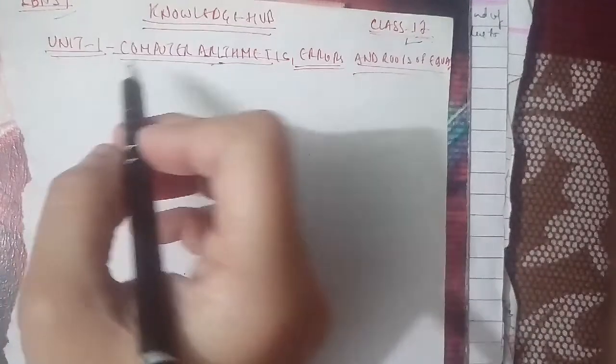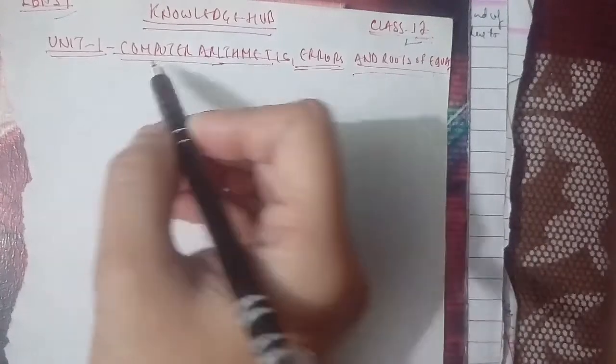Today we're going to start with your CBNST class, the 17th class of the session. In the last 16 classes we covered CBNST, which is computer based numerical and statistical techniques, dealing with unit 1 only, computer arithmetic errors and solutions of equations. We covered the secant method, bisection method, Newton-Raphson method, and many more.